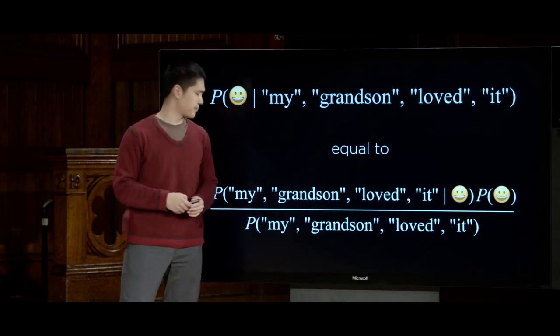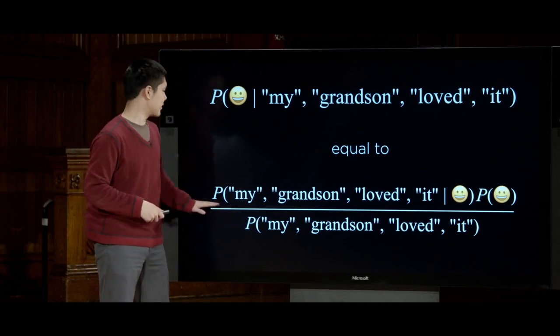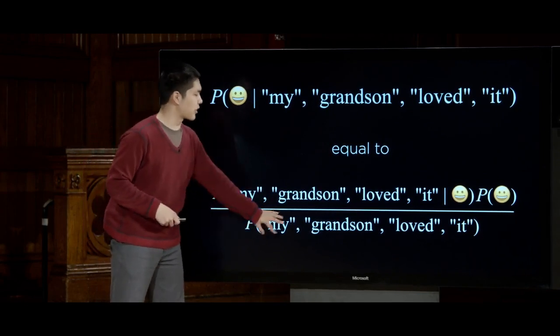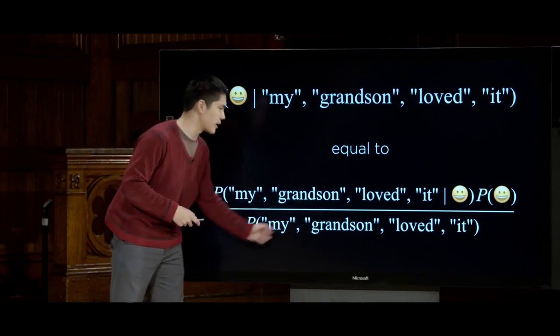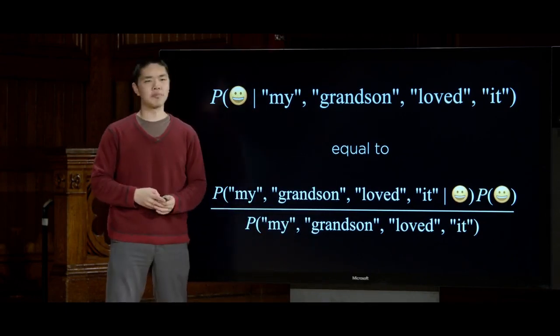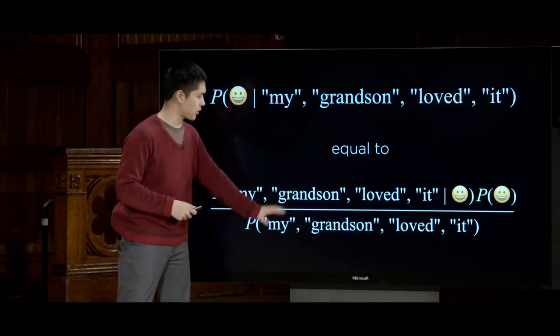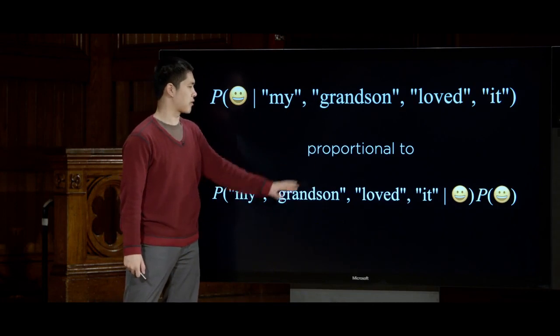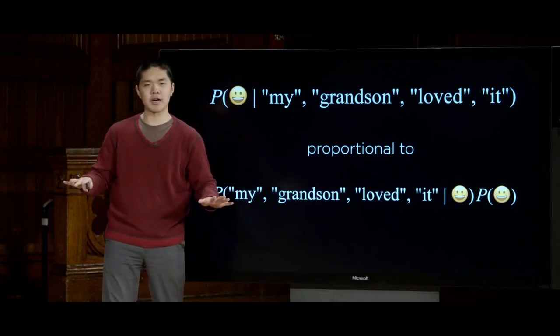And it turns out that, as you might recall back when we talked about probability, this denominator is going to be the same regardless of whether we're looking at positive or negative messages. The probability of these words doesn't change because we don't have a positive or negative down below. So rather than say that this expression up here is equal to this expression down below, it's really just proportional to just the numerator. We can kind of ignore the denominator for now.